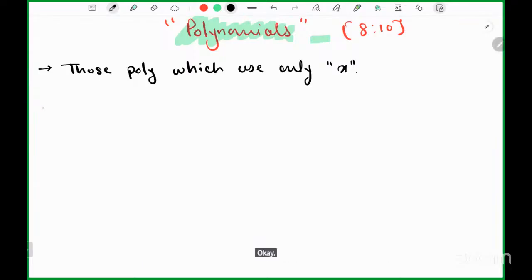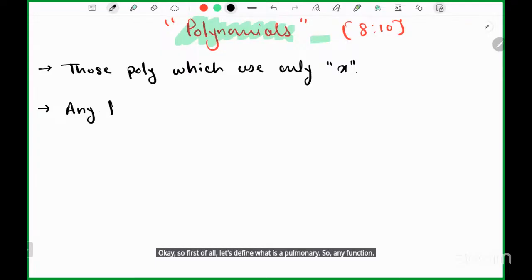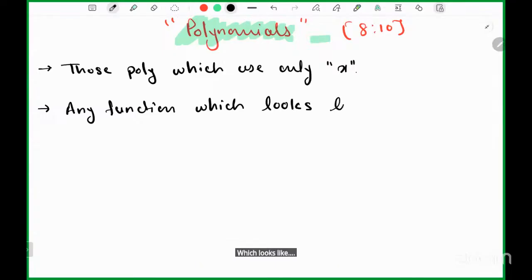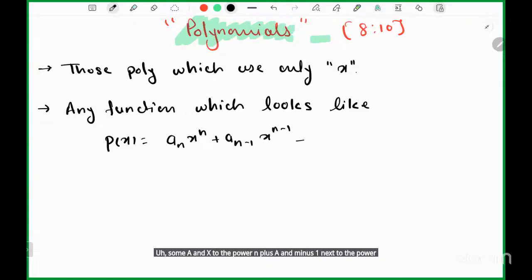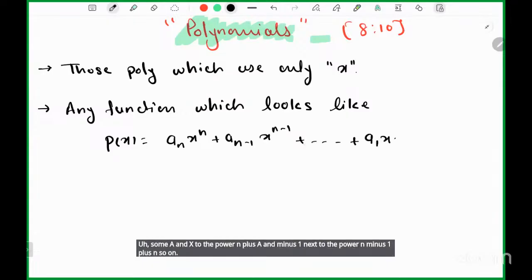Okay. So first of all, let's define what a polynomial is. Any function which looks like p of x is equal to a_n x to the power n plus a_(n-1) x to the power n minus 1 plus and so on plus a_1 x plus a_0. Right?